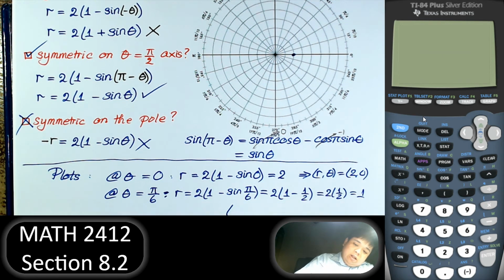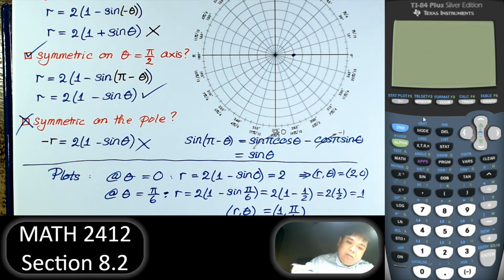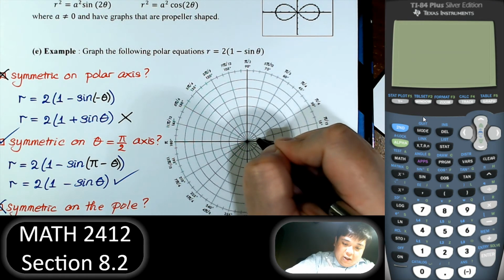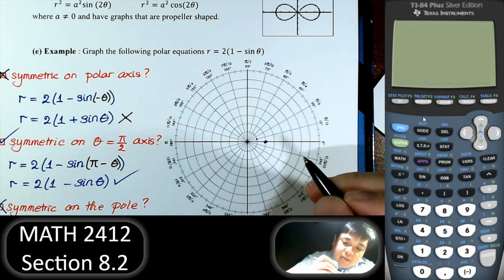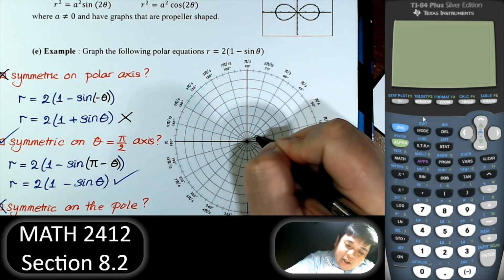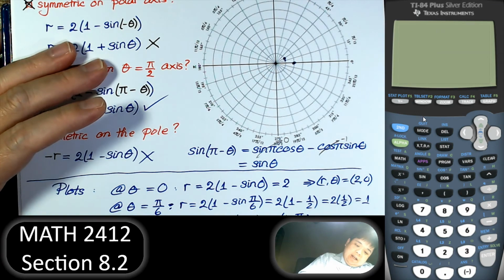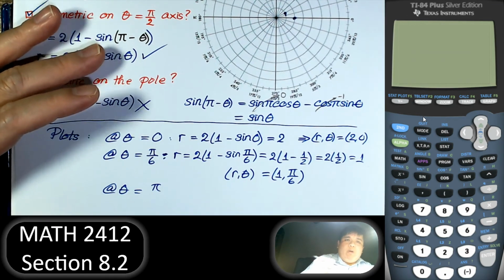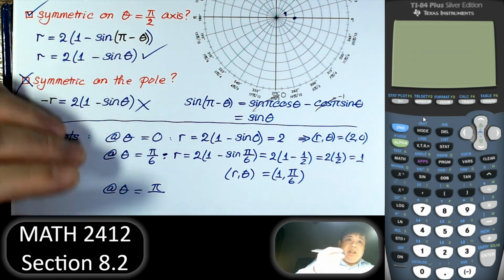So the point is r equal to 1 and theta equal to pi over 6. So this is pi over 6, r equal to 1. Sorry, this point. And then we can choose pi over 4, pi over 2, something that we can find.